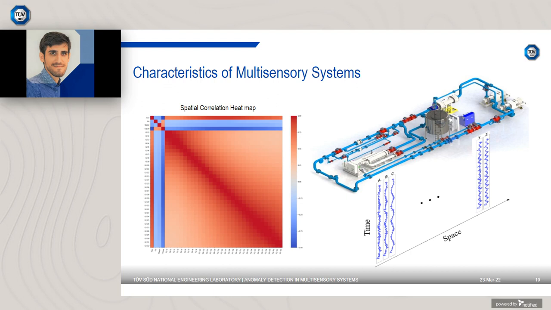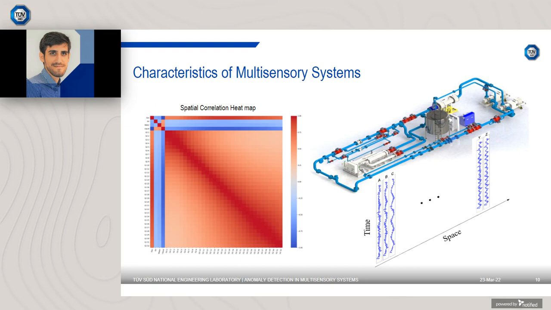Another important characteristic of a multi-sensor system is spatial information, the information that depends on the neighboring sensors. These neighboring sensors may have a spatial correlation with each other. If you look at the figure on the right hand side, you will see a 3D layout of one of our laboratories.